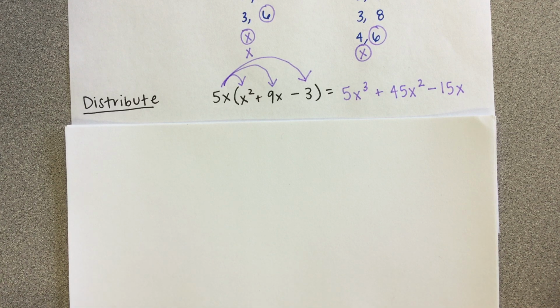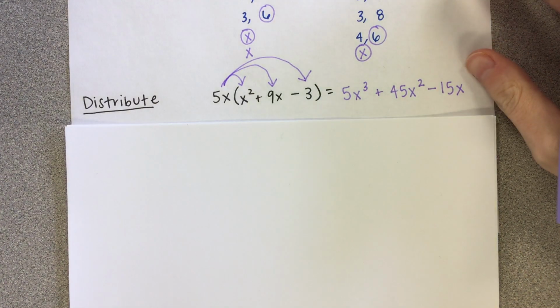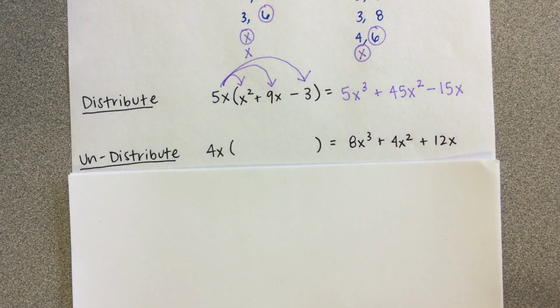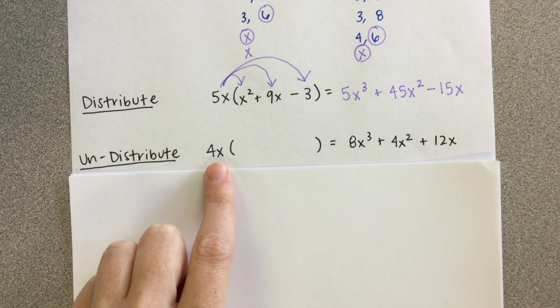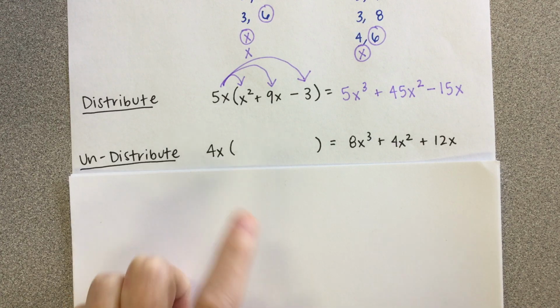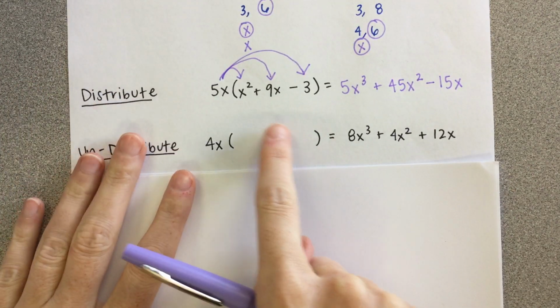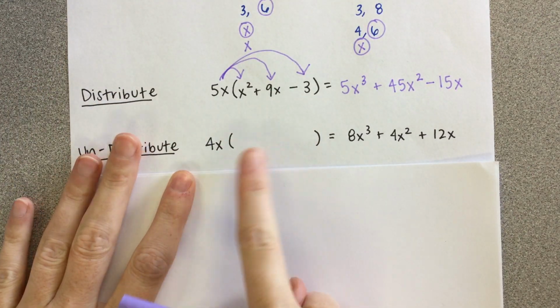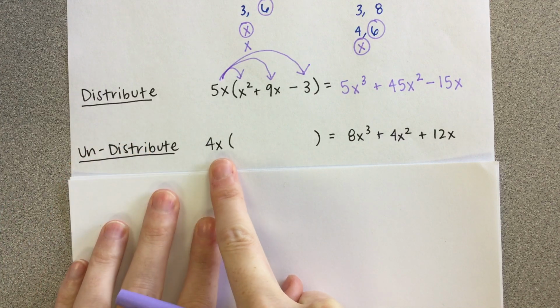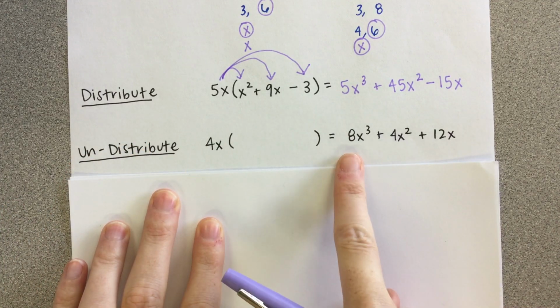So what if, instead of asking you to distribute something, what if I asked you to undistribute? So what if we know that a 4x goes here outside the parentheses, and we know what all this equals, but we need to figure out what goes inside of these parentheses here. We need to undistribute the 4x from this polynomial.